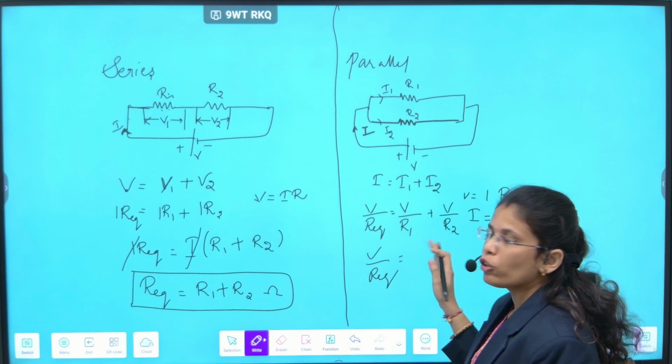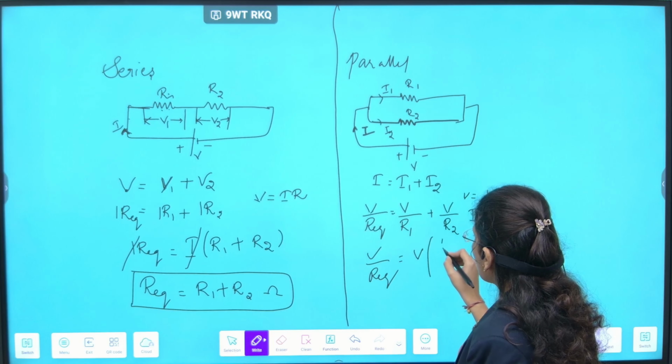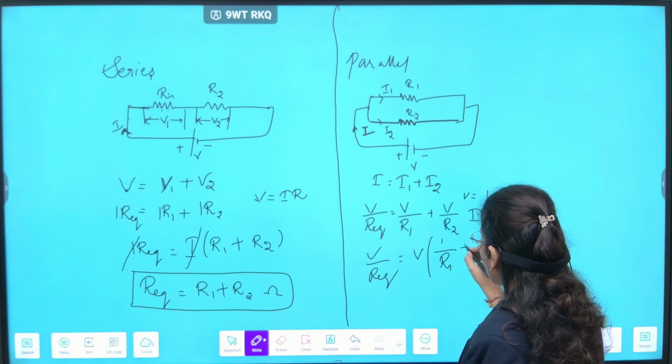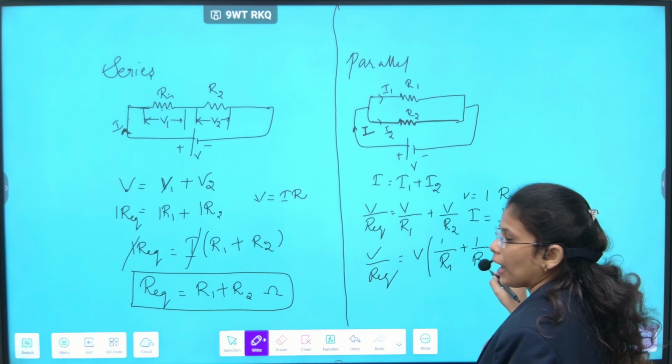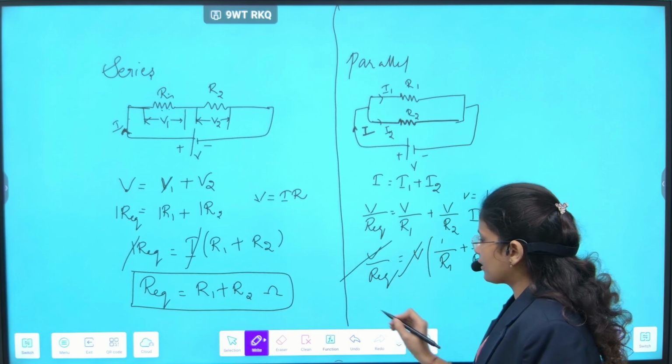Now I am taking V as common: 1 by R1 plus 1 by R2. V and V get cancelled.